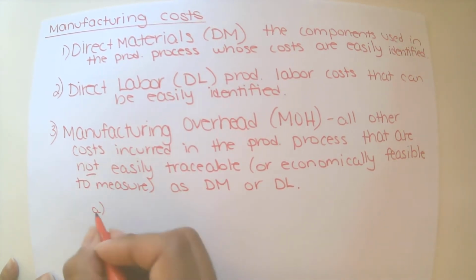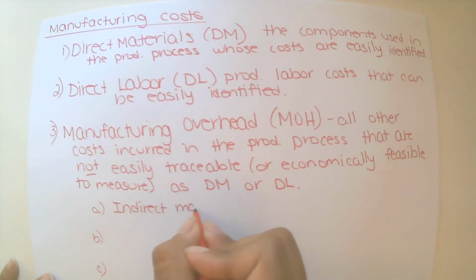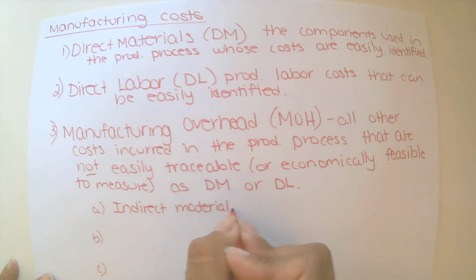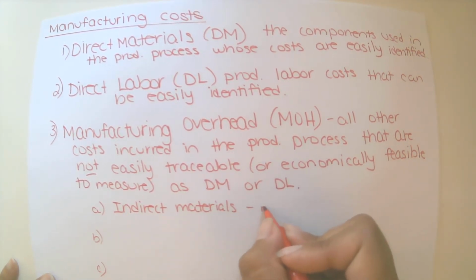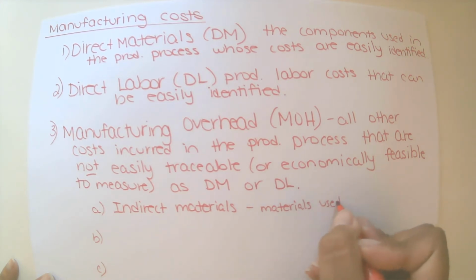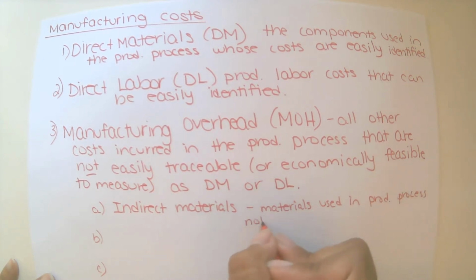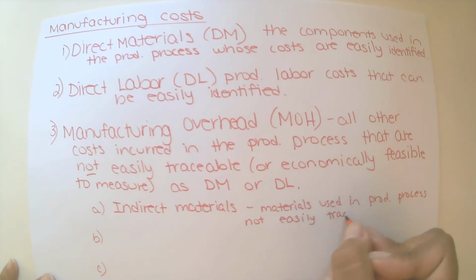The first is indirect materials. So materials used in the production process, not easily traceable to the end product.